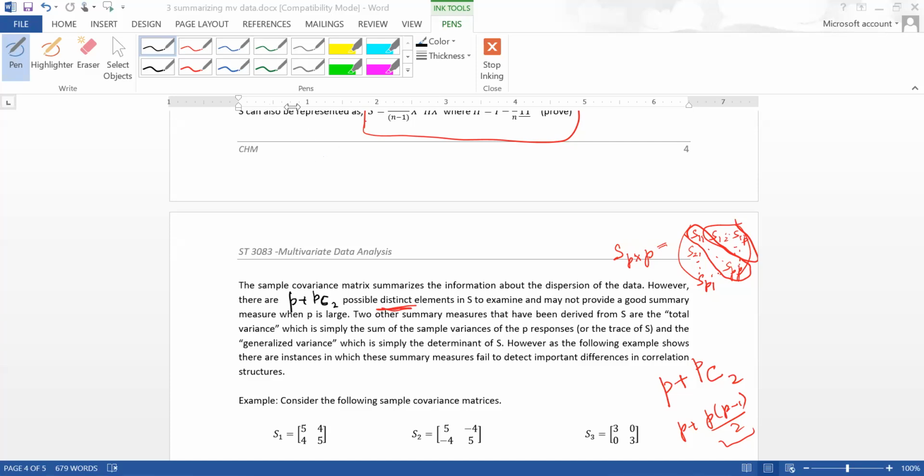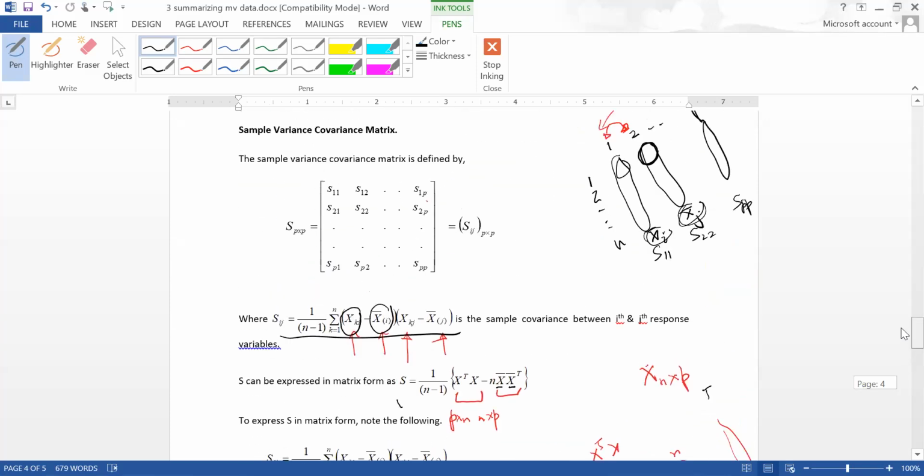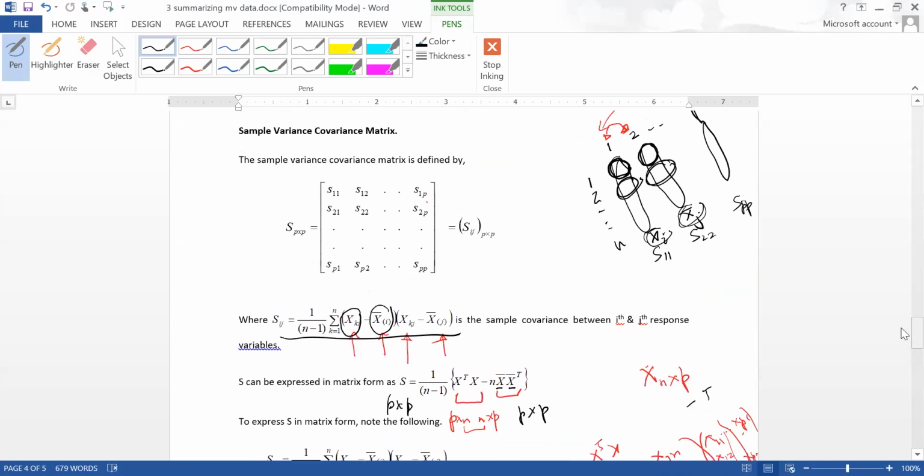Okay, that's there. Now you have a P by P matrix, right? This is the P by P matrix you have. I asked you to find the number of distinct values here, right? Definitely you have P of them along the diagonal. These are the variance terms. Independently we calculate for each response separately, right?